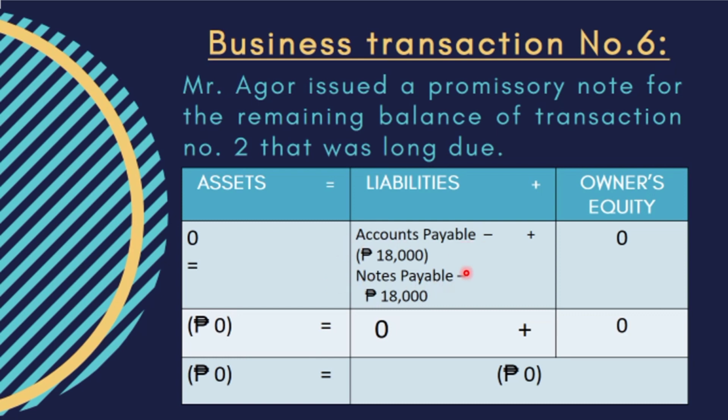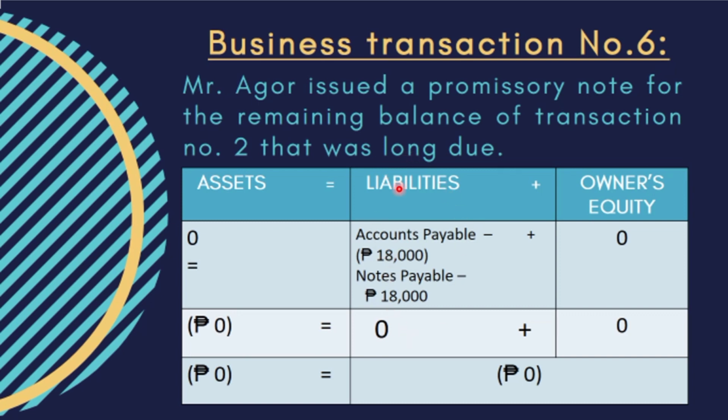As you can see, this example is also very different from transactions 1 to 5. There is no asset account title and there is no owner's equity account title. It is purely liabilities account titles.